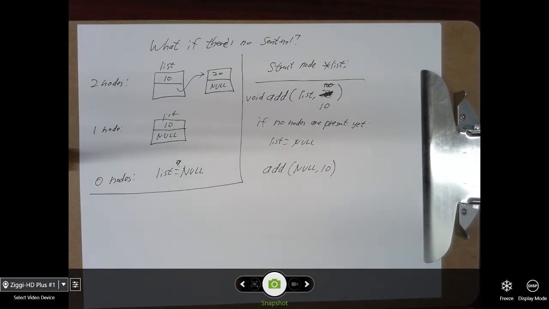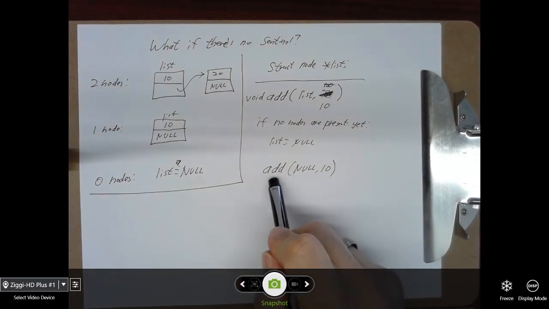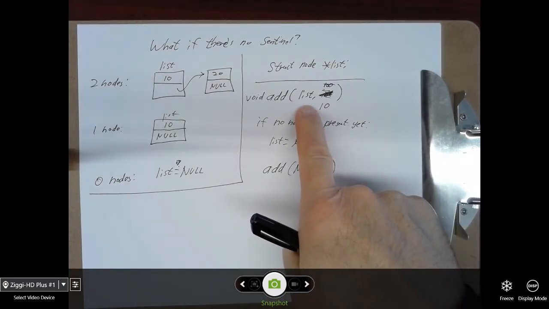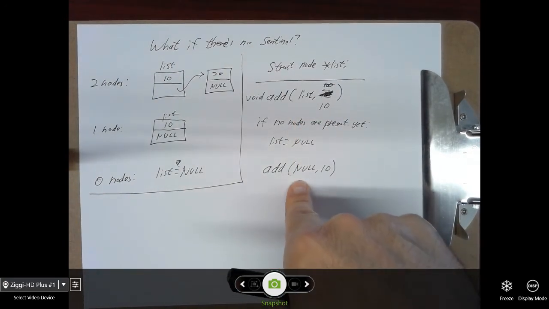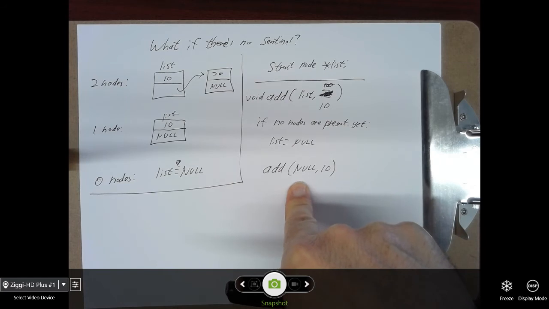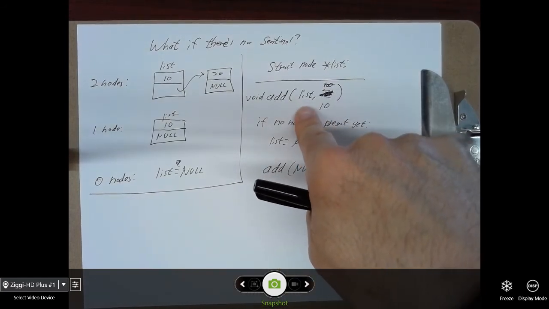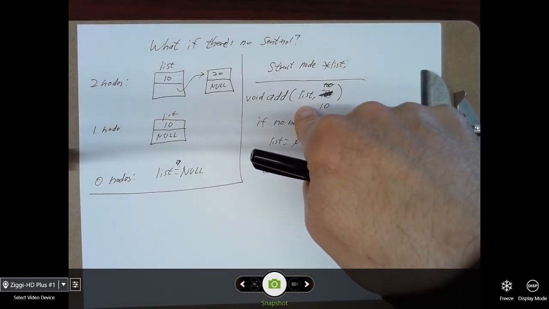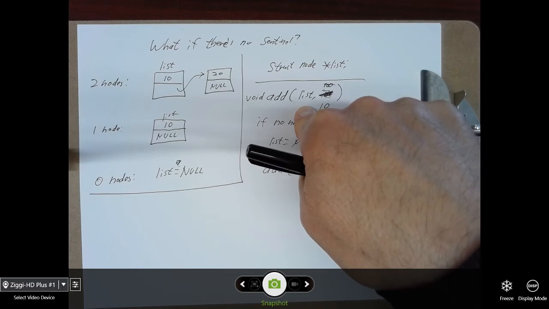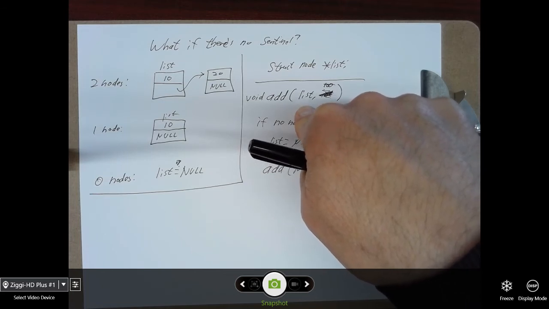When I return to main, what's the value of list now? It's still null. You can't change the value of a variable in C that you pass to a function. Everything's always passed by value.